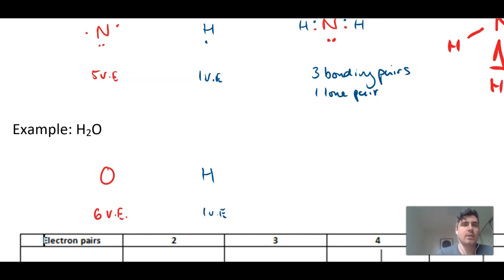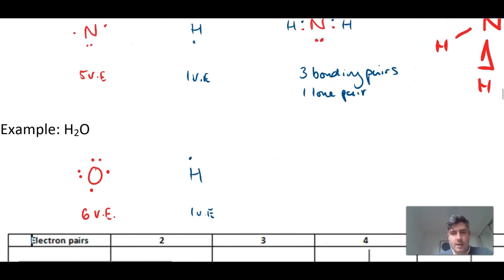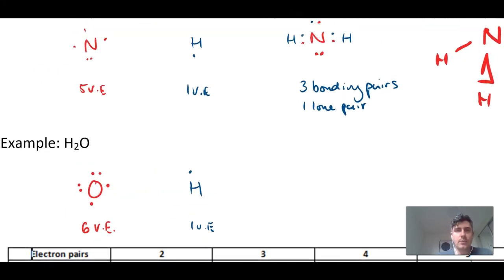If I was to draw these, we've got them pairing up there. Now, these will form a different structure to the last one. I'm going to put the most electronegative one, the one I have the fewest of, in the middle, so oxygen. I'm then going to put the hydrogens around it.